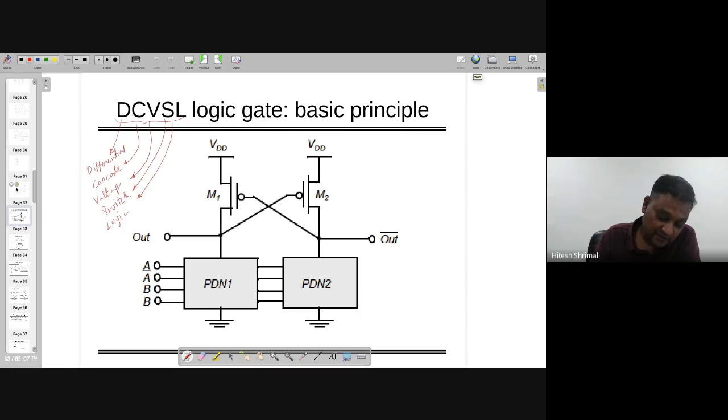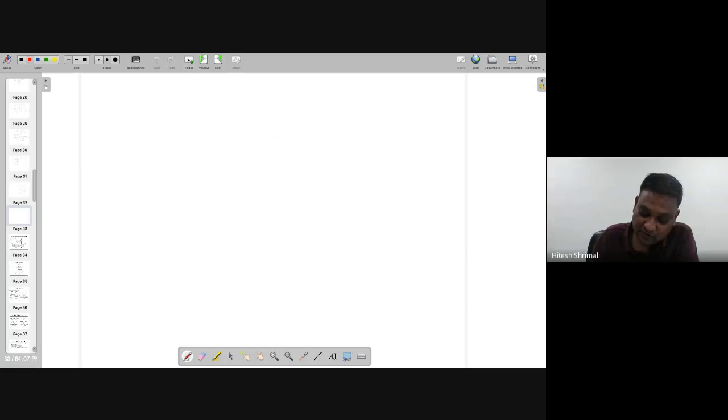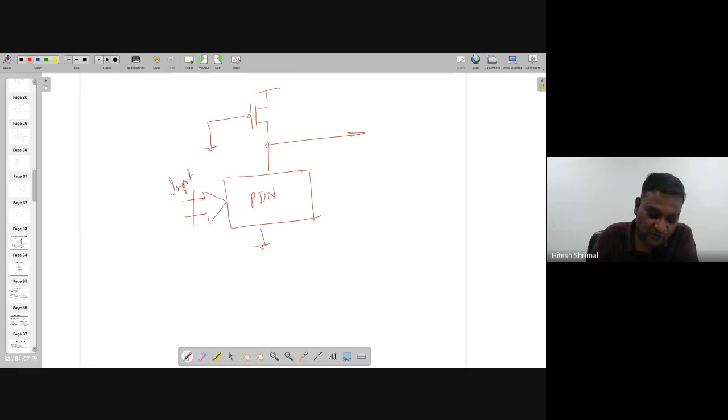If you remember the configuration in the case of pseudo NMOS transistor logic, what was happening was that this transistor was always on, or always in saturation. So I need to make this transistor off sometimes, then things will work fine.